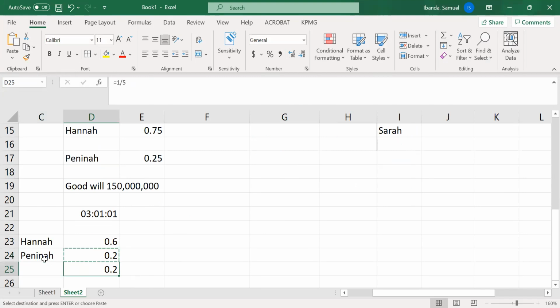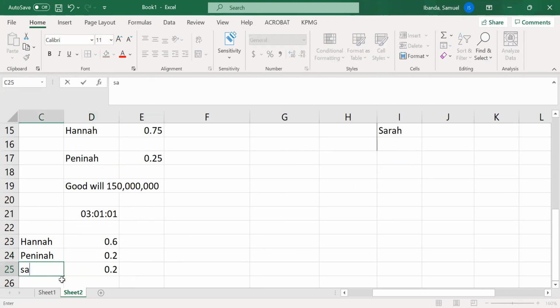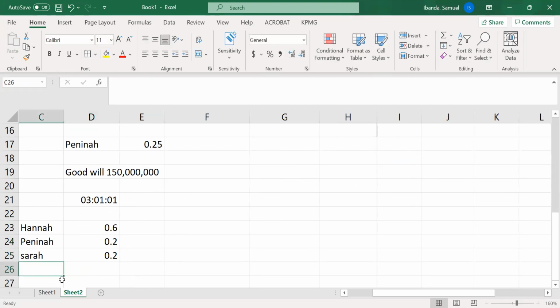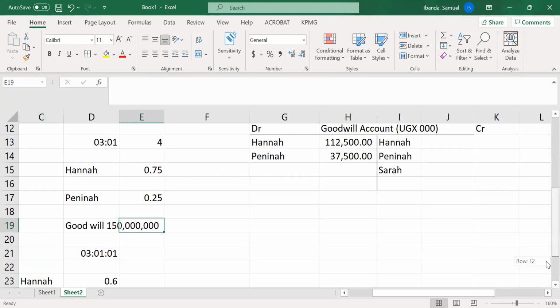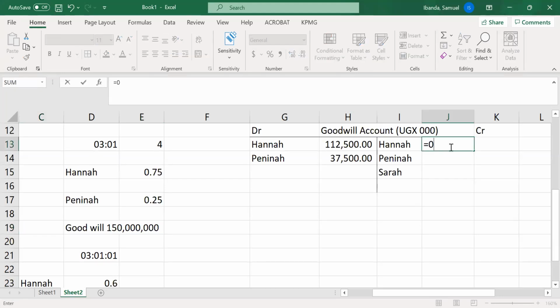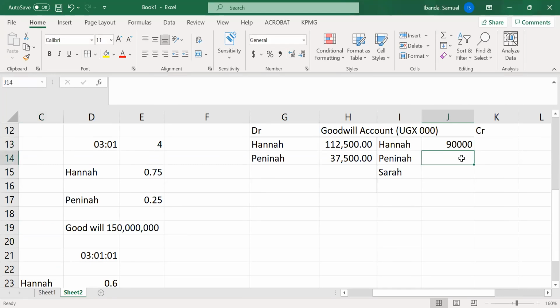This will also be 1/5 for Sarah. So after getting that, we are now going to look at what happens on the sharing of the 150. So this is 0.6 times 150,000 gives us this.